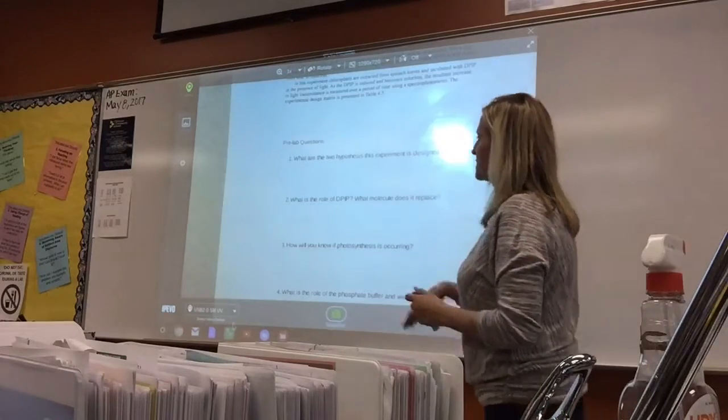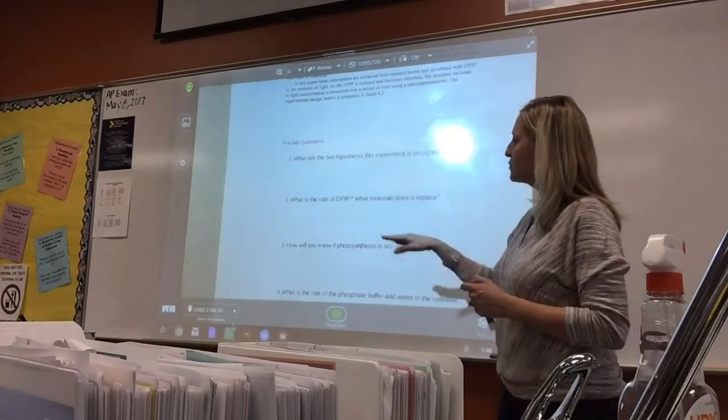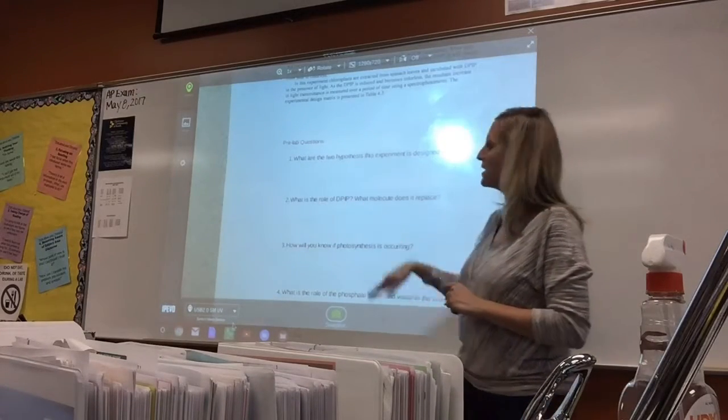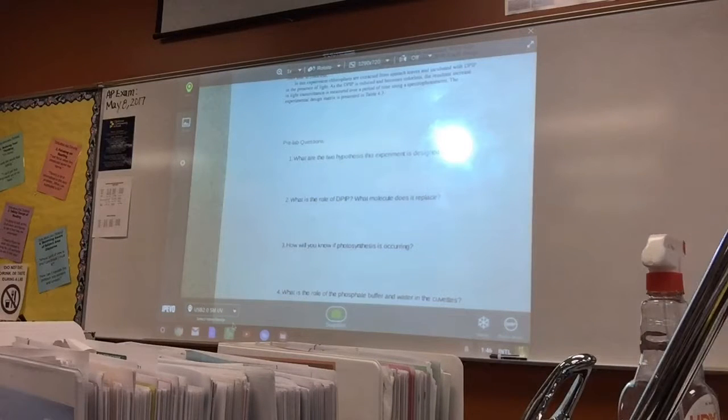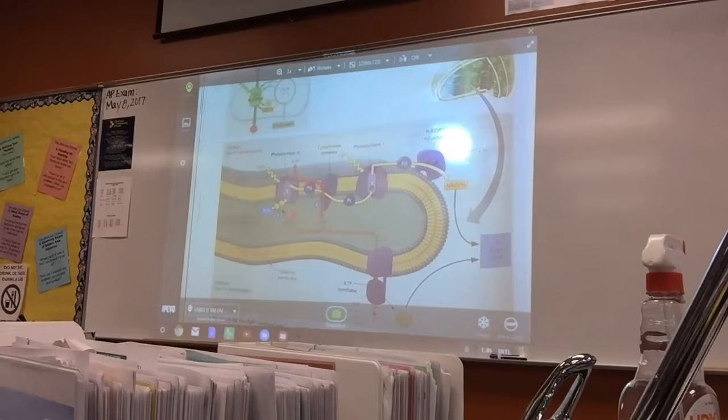So to do this, they're using a chemical called DPIP. And it says, what is the role of this DPIP and what molecule does it replace? To help us explain this, I'm going to put this picture up here. We talked about it in the notes, but this is a picture of the light reactions.